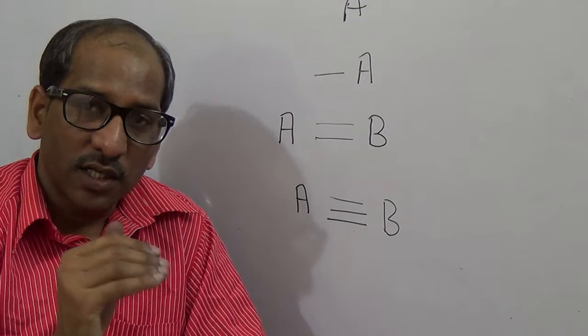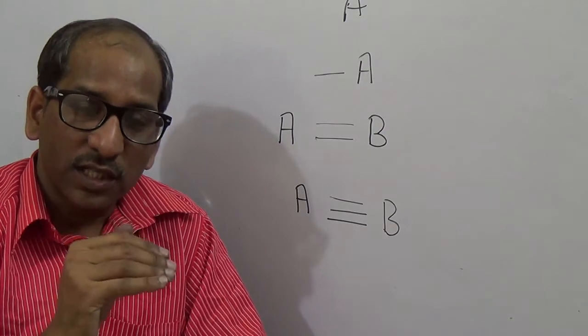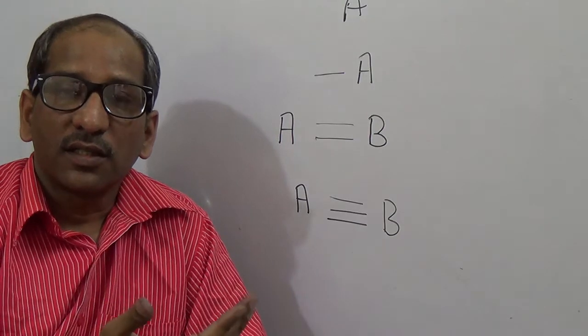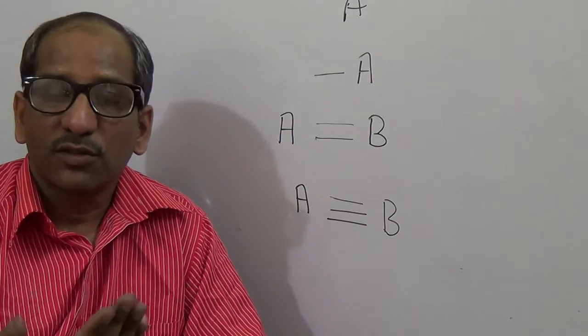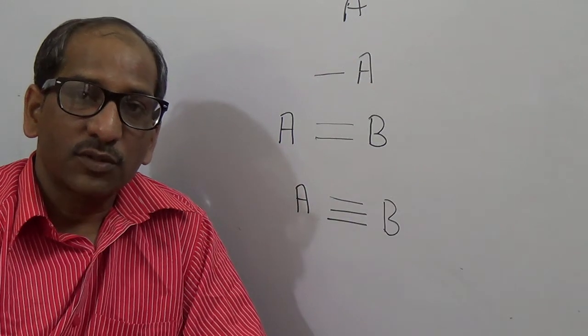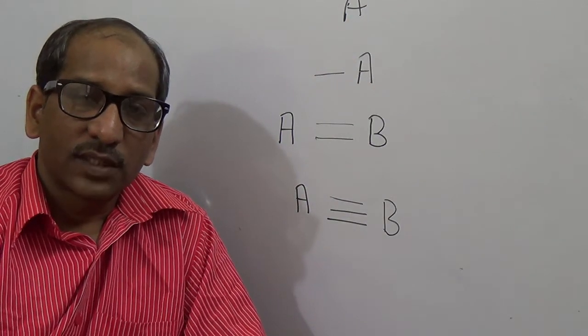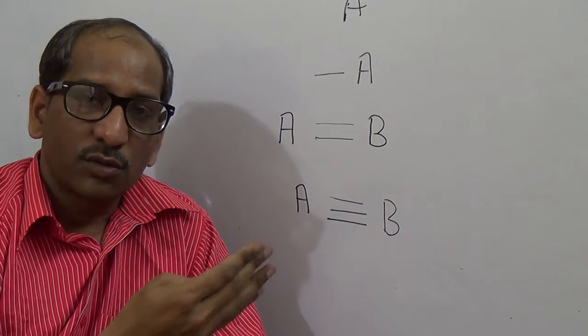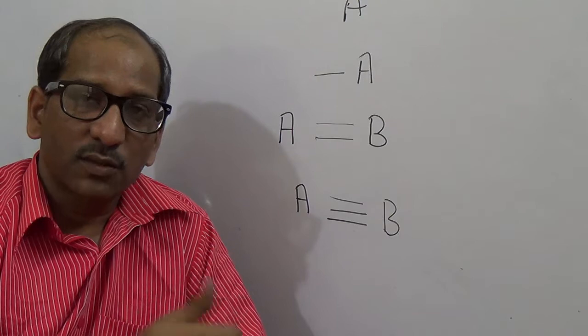But the third symbol says that A is equivalent to B, like A behaves, B will also behave. So on the basis of this equal sign, I will use some physical phenomena and interpret how two different physical concepts are equal.